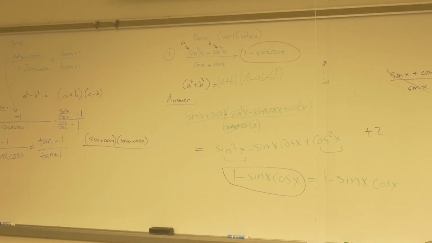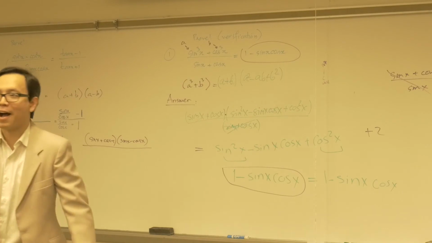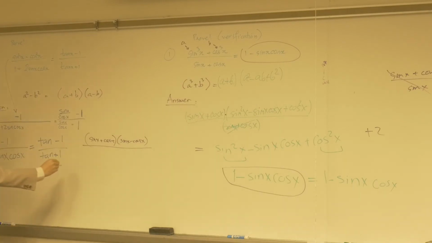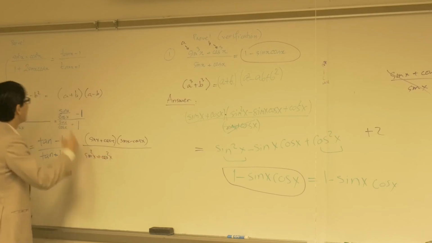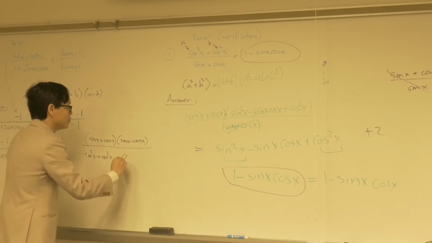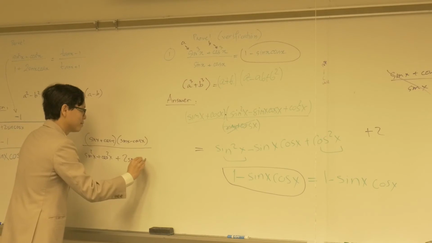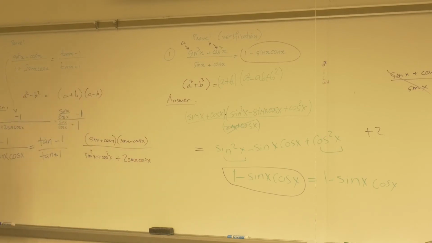That's why when you do this, you have to open your eyes big to see. 1 equals what? Sine squared plus cosine squared. 1 equals sine squared plus cosine squared. Let me rewrite this. Plus 2 sine cosine. If you look at the bottom, look at the bottom, right here.